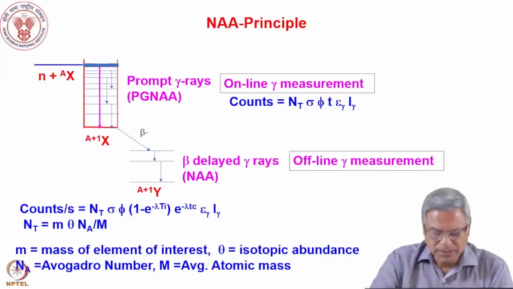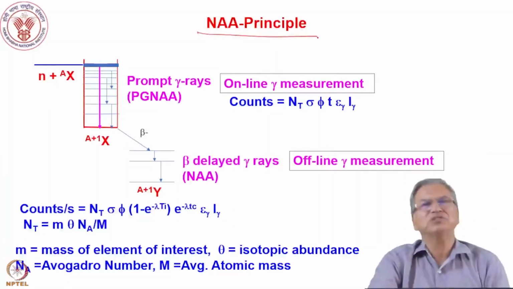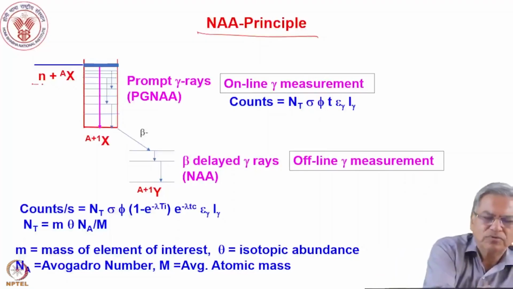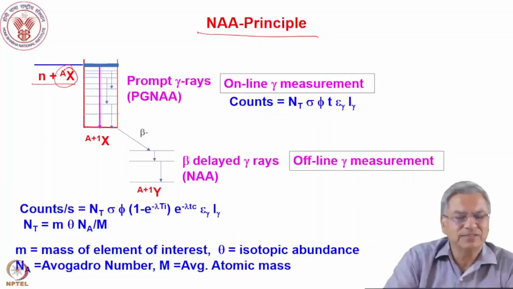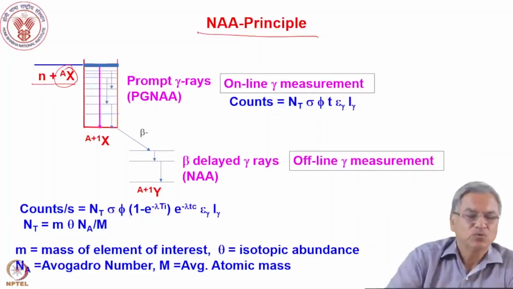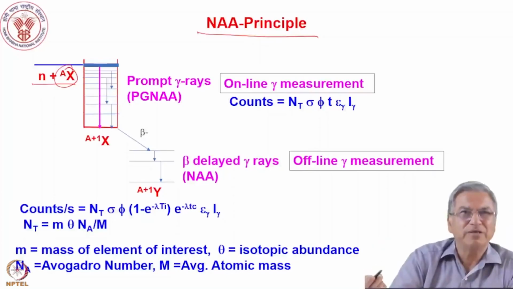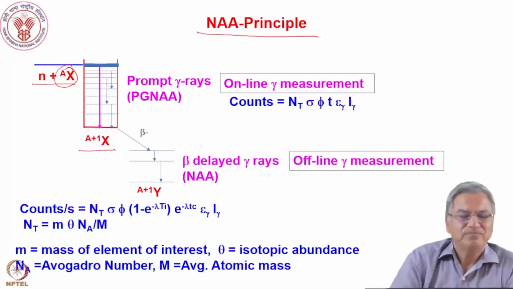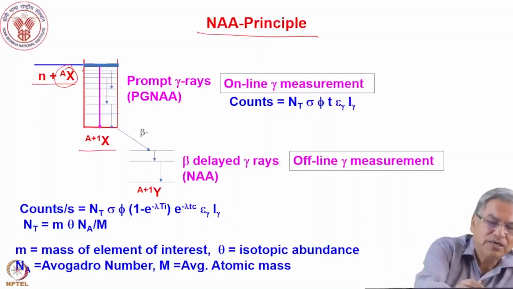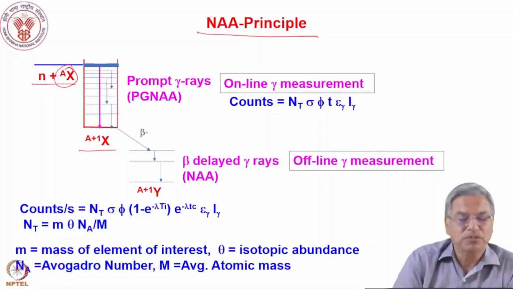Okay, so let me just discuss the fundamental principle of neutron activation analysis. When an isotope captures a neutron, I have written the mass number A, and capital X is the element. So when it captures a neutron, the isotope of the same element is formed, A+1 X. And what I have shown is the potential well of the target, the compound nucleus that is formed.